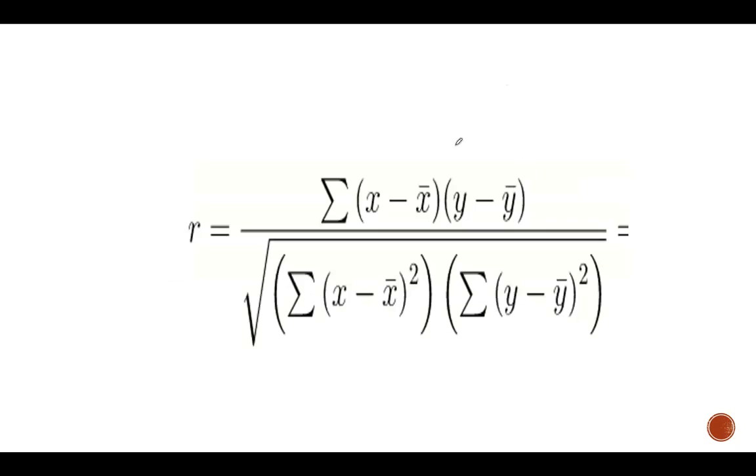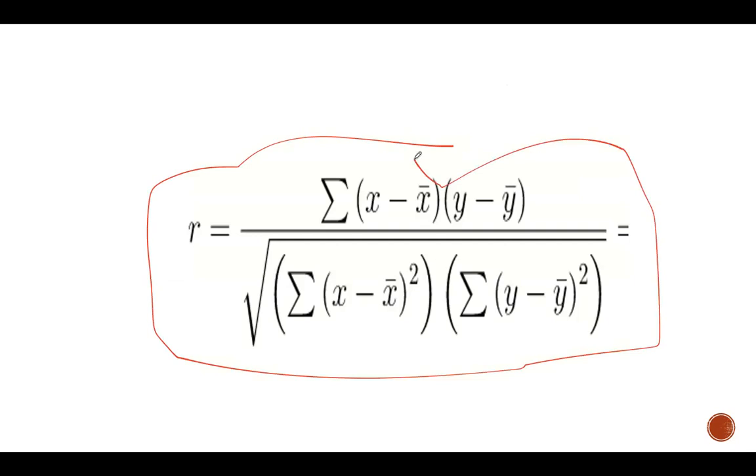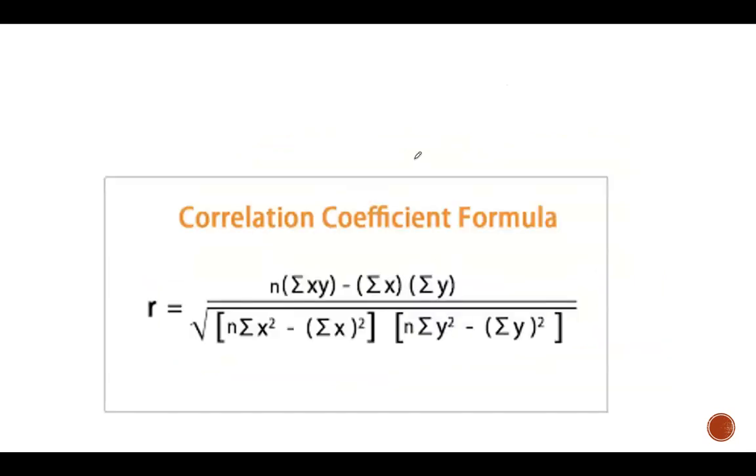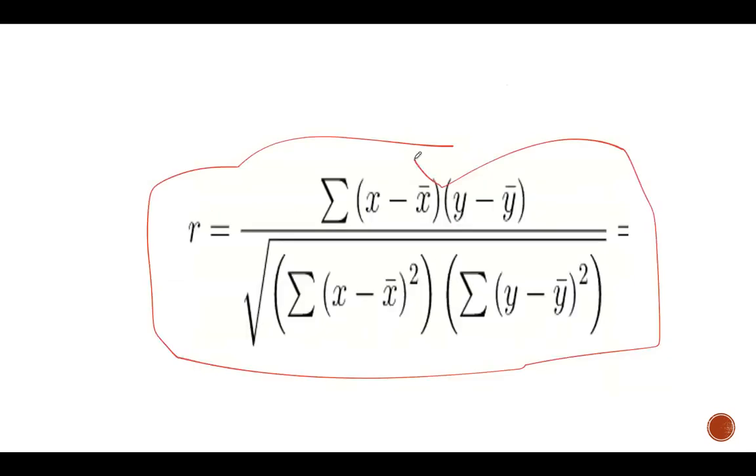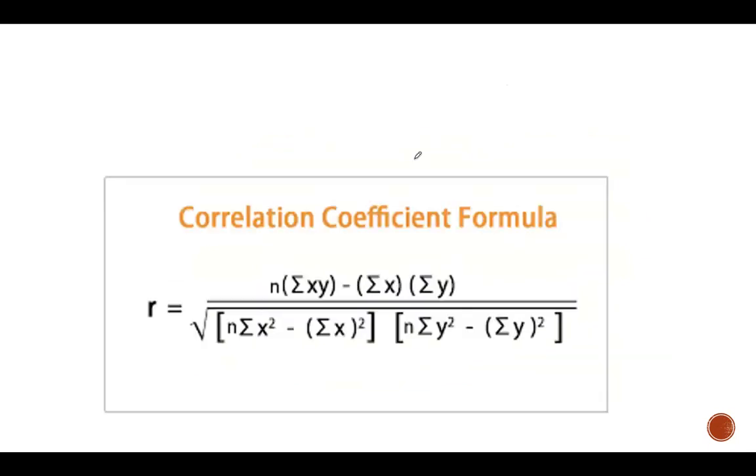So now here is the formula for calculating r. Both formulas are similar, and you can use any of the formulas which you feel is simple to use as per your convenience. Mostly we use this formula because calculations are a little easier.